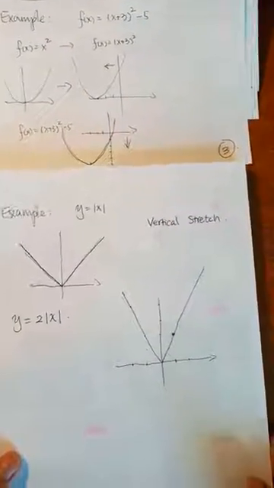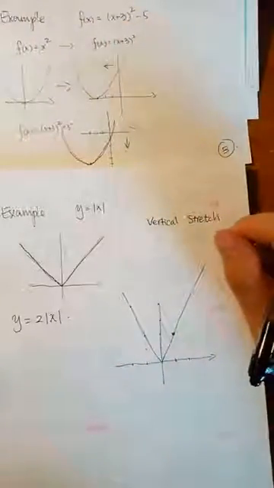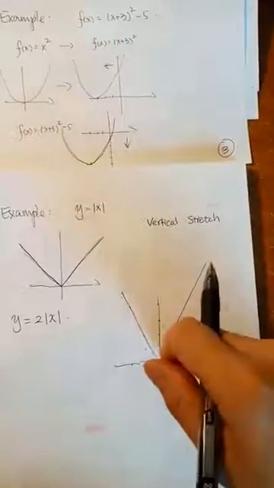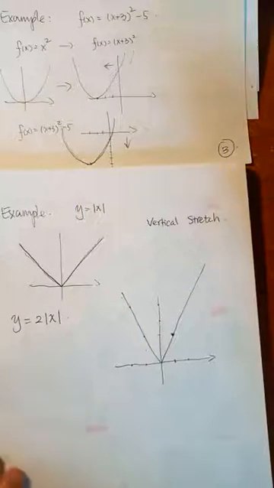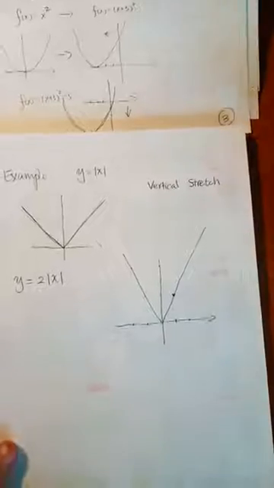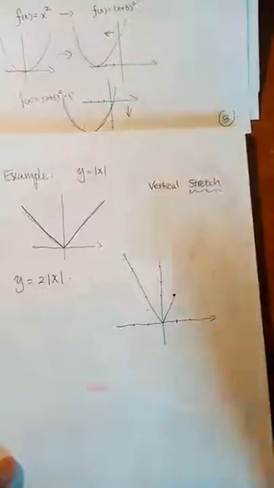Vertically enlarge the graph along the vertical direction. 0 is always fixed at 0, because 0 times any value is 0. Okay, this is a vertical stretch.